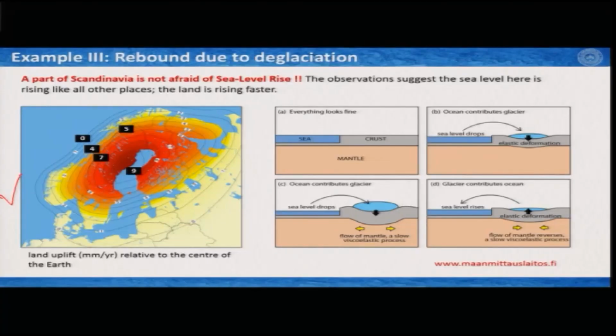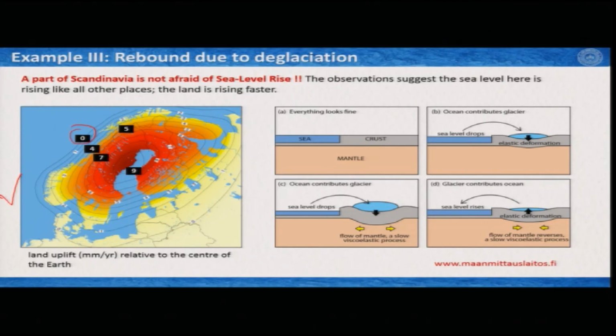Now, what do we see? Let us have a first look at this image. This is the Scandinavian countries, and these contours that we see here are your land uplifts. At the core, the land uplifts with a rate of 9 millimeter per year, and then it slowly reduces to almost 0 when you reach the sea.